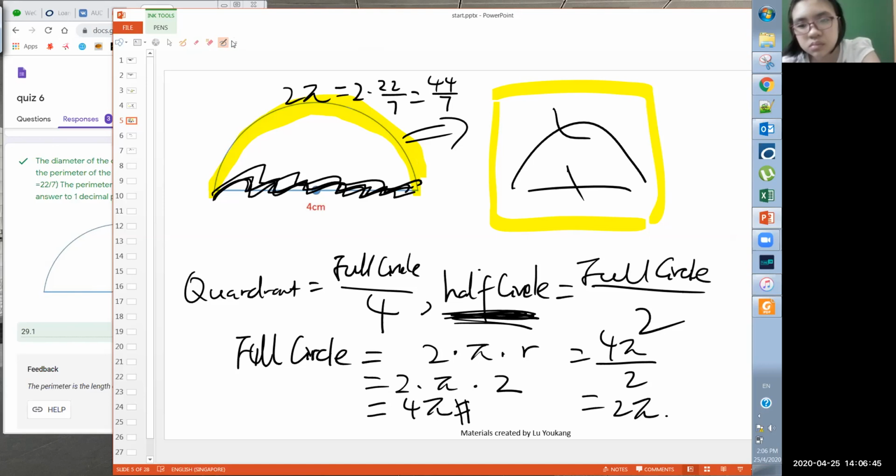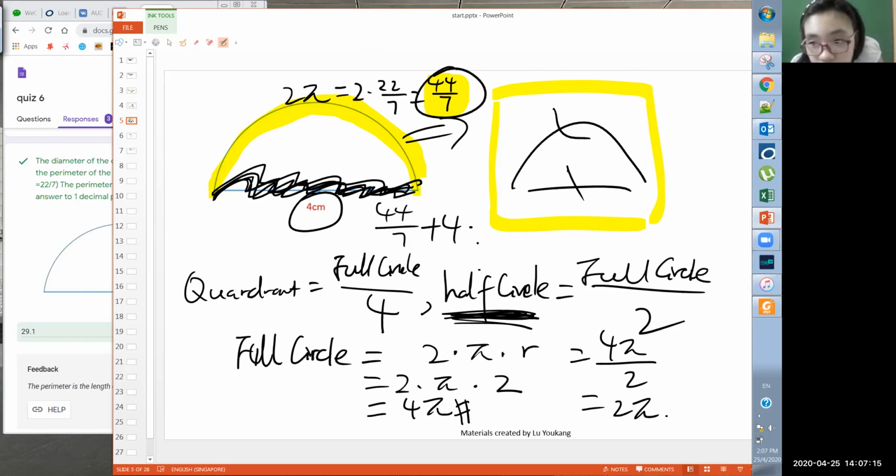Correct. What's the value for the curve now? The curve is 44 over 7. Then what is the value for the line? 4 cm. So you just add these two. That's it.